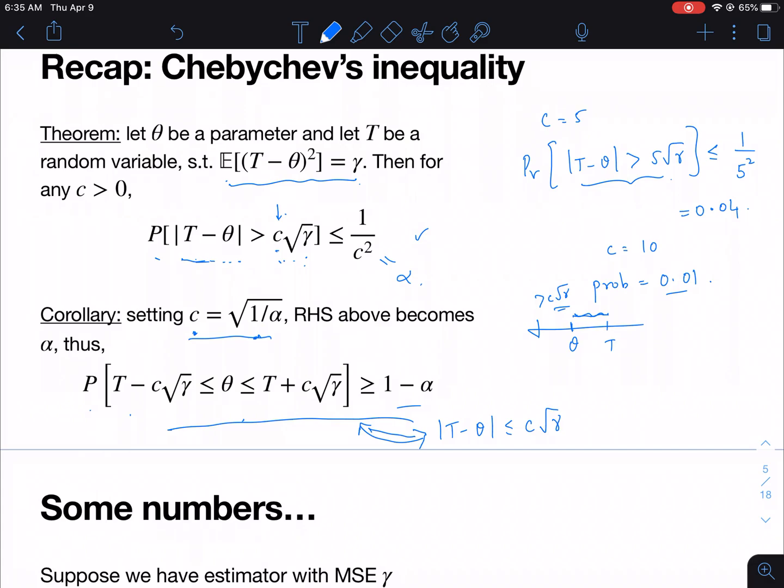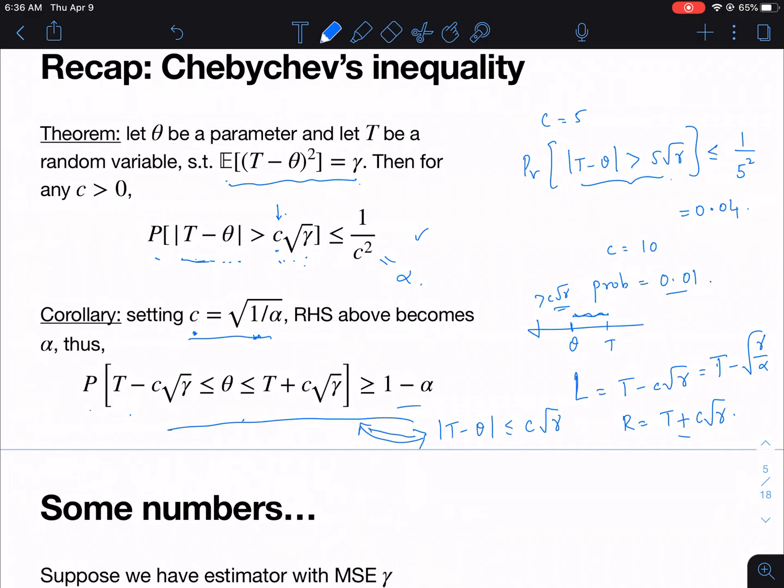Note that this is exactly our definition of confidence intervals. If I set L equals t minus c root gamma and R equals t plus c root gamma, where c is root of 1 by alpha, so that L is t minus root of gamma by alpha, and the same with R, then that is a valid alpha confidence interval.